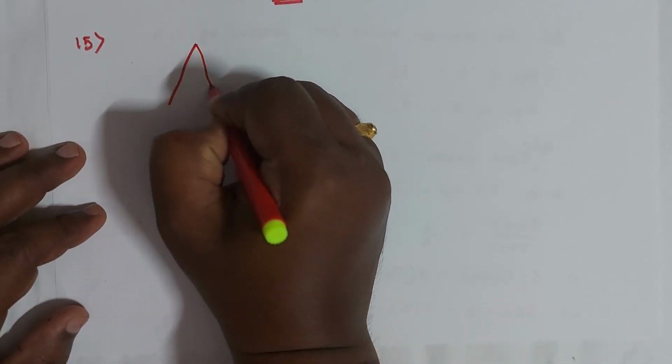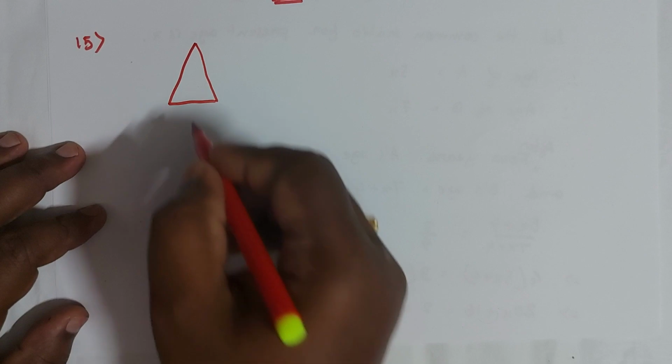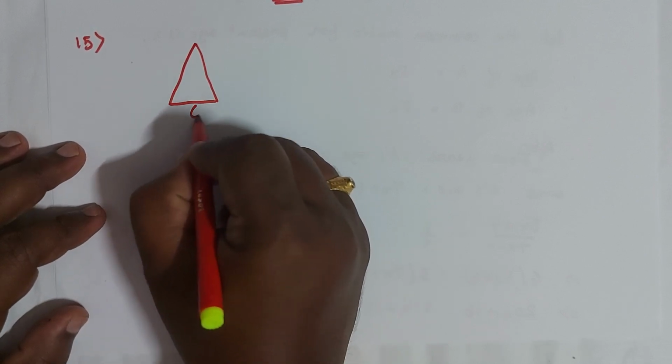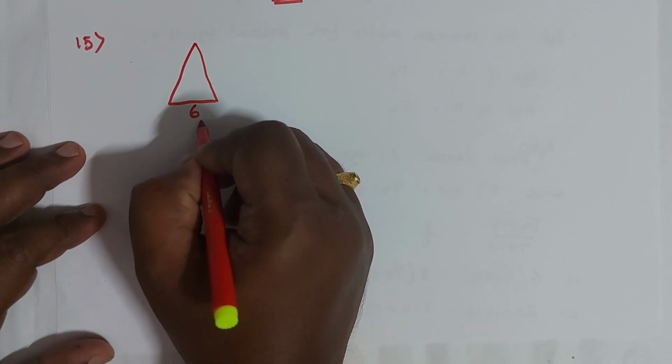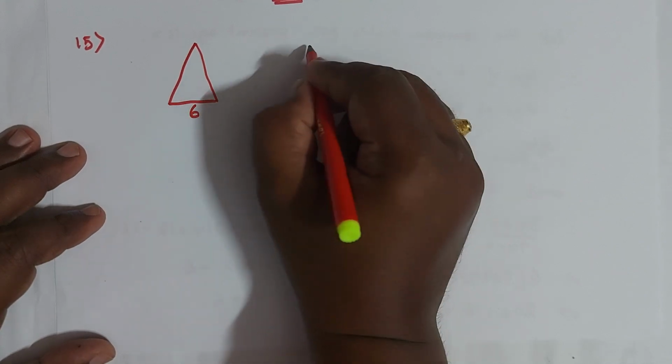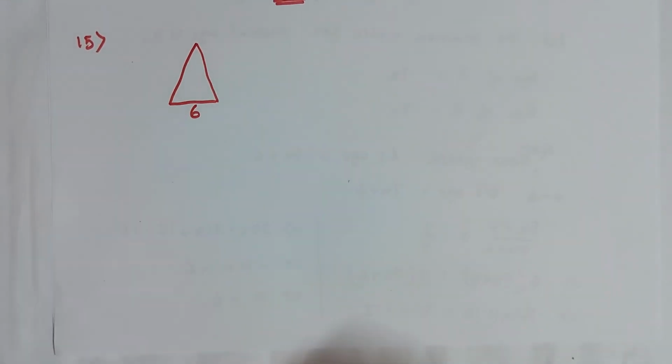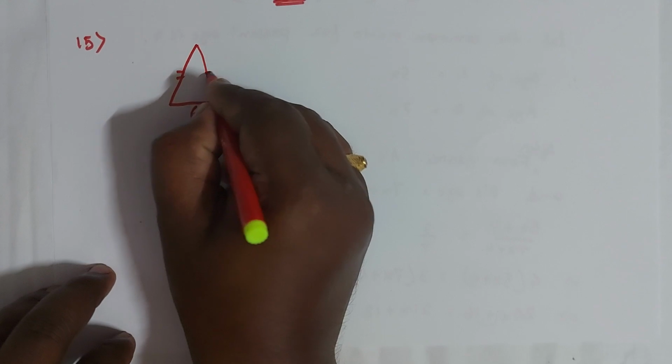We know that an isosceles triangle means one whose two sides are equal. The base is given as 6 centimeter and the perimeter is 16. Perimeter means sum of all the three sides. So let these two sides be equal.